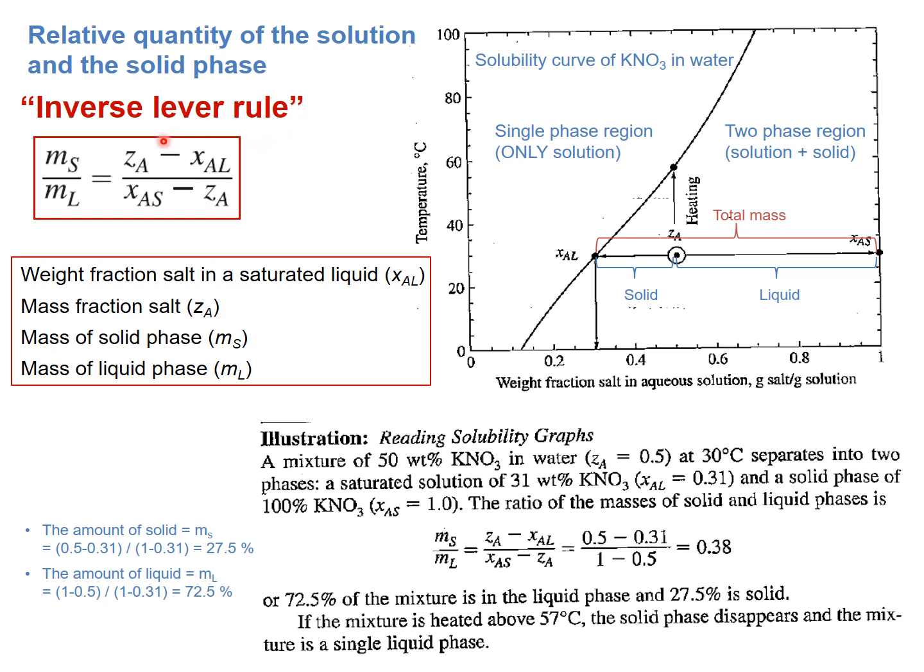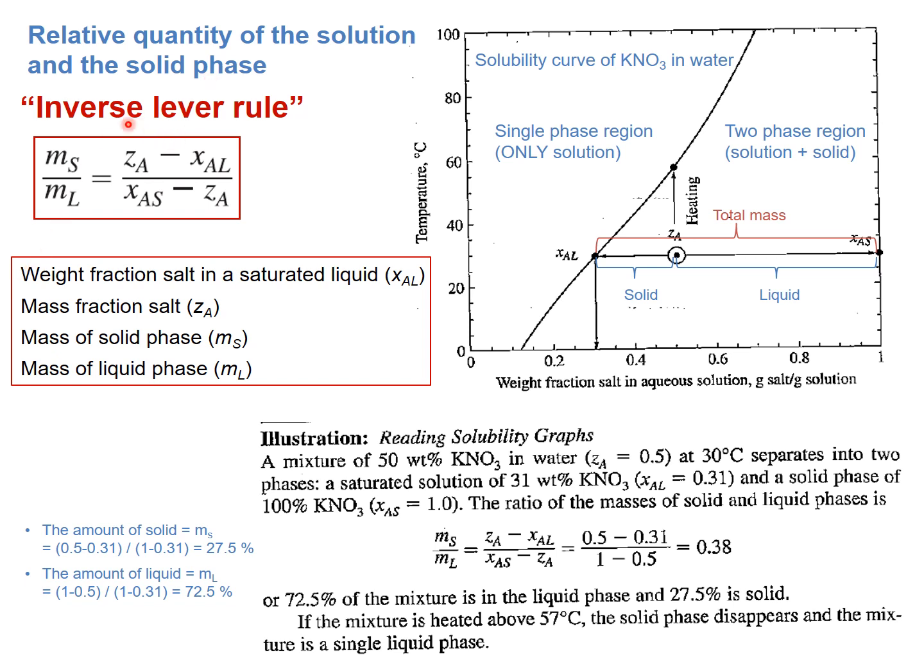I'd like to emphasize the word inverse, because this length is for liquid and it is next to the other curve, and this length is for the solid, which is far from this line. So it is called the inverse lever rule. Inverse.